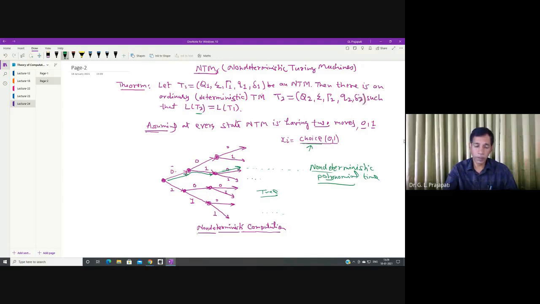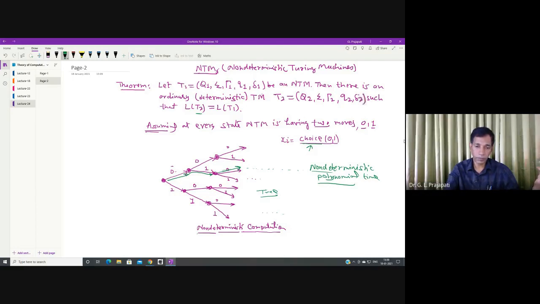In order to guarantee that your deterministic Turing machine halts if your NTM halts, you have to perform the search in breadth first manner.